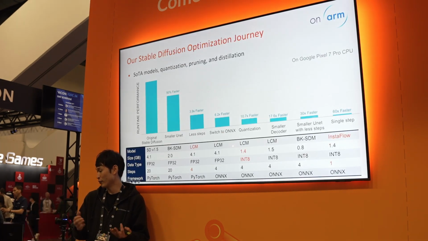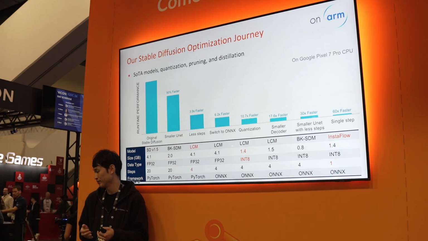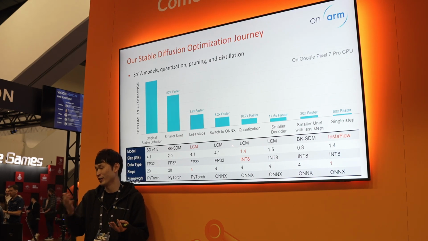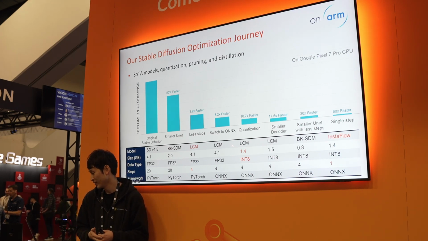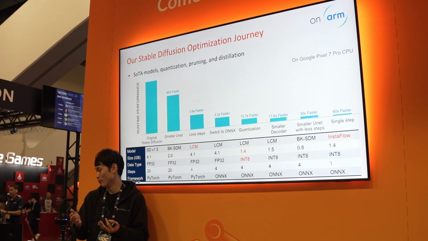Here we present some examples of optimizing the stable diffusion model along the timeline. This graph shows our journey of optimizing stable diffusion, and the vertical axis indicates the change in performance when using an ARM CPU, not a GPU, on mobile.